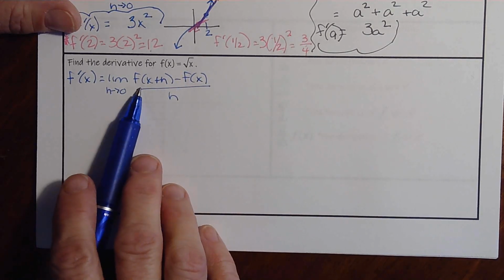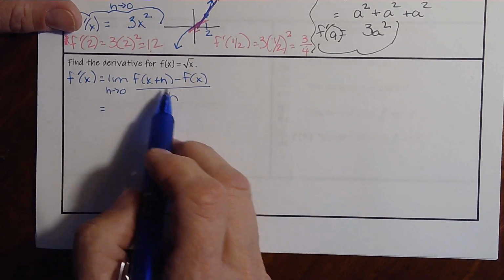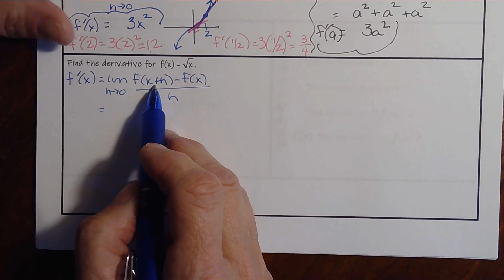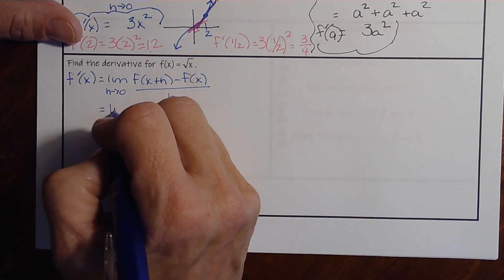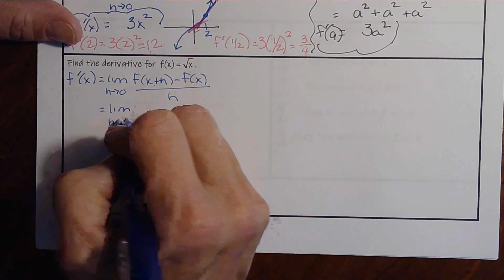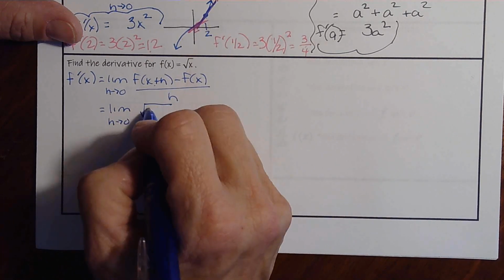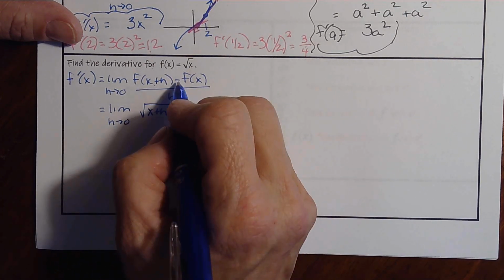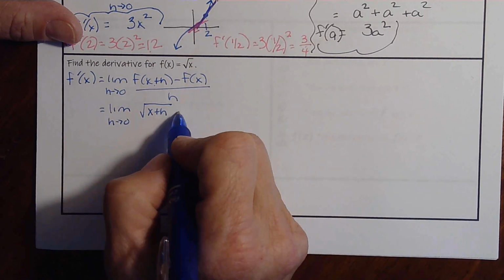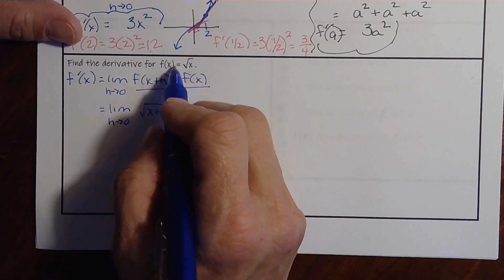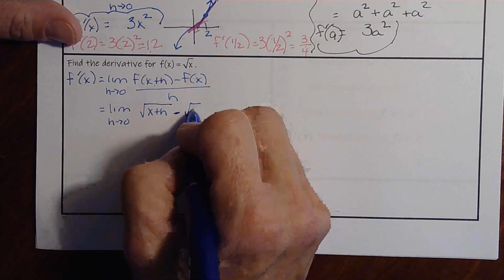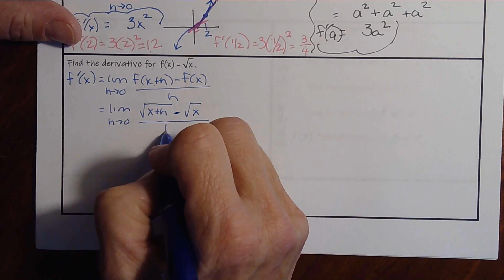And when I substitute x plus h in for x, I get the square root of x plus h. I have to subtract f of x, which is the square root of x, all over h.